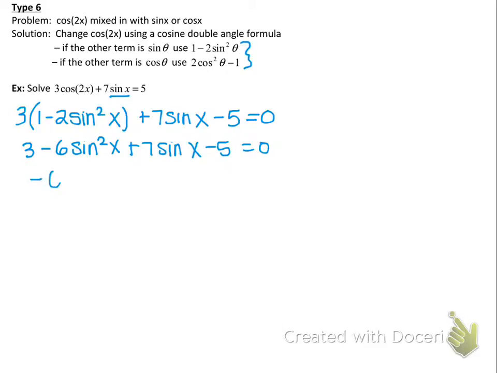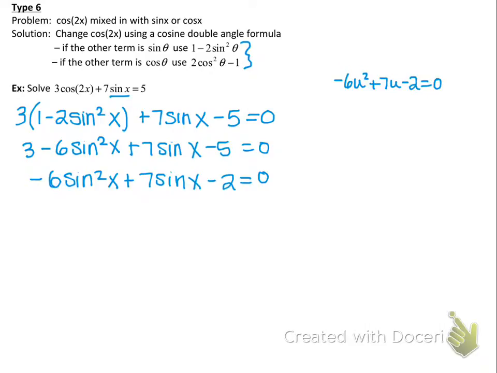So I have negative 6 sine squared x plus 7 sine x minus 2. So now it's in a quadratic form and I can factor this. What multiplies to give you positive 12 that adds to give you 7? 3 and 4. So I have negative 6u squared plus 3u plus 4u minus 2.